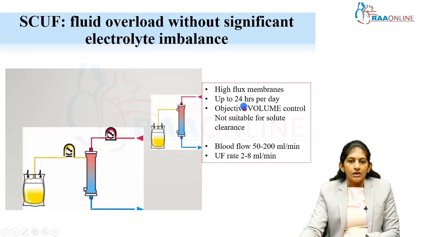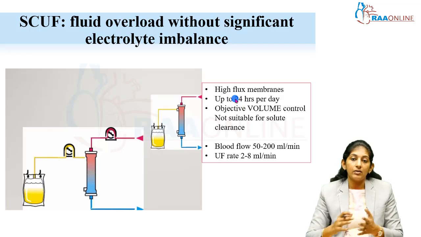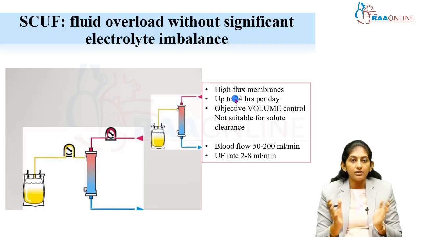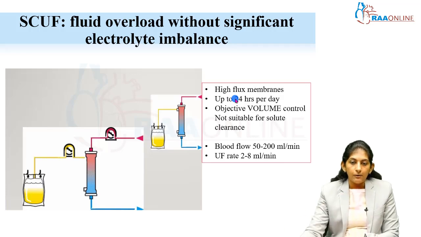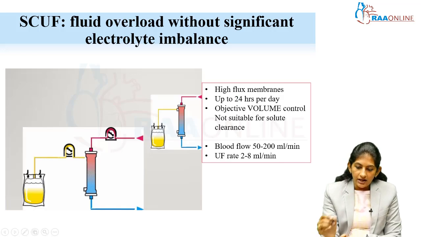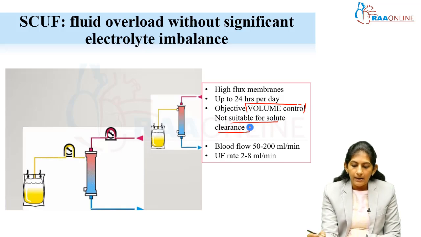Okay. So SCUF uses high flux membranes, which means a very rapid fluid overload state can be corrected here depending on the flow rates. Our objective here is only volume control. It is not suitable for solute clearance. Blood flow is maximum up to 200 ml per minute.